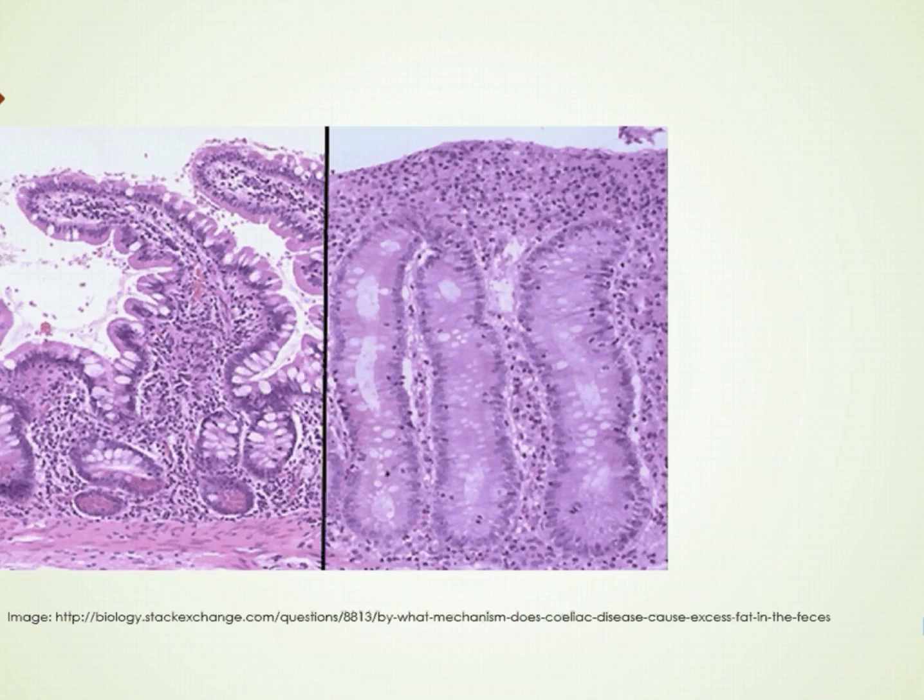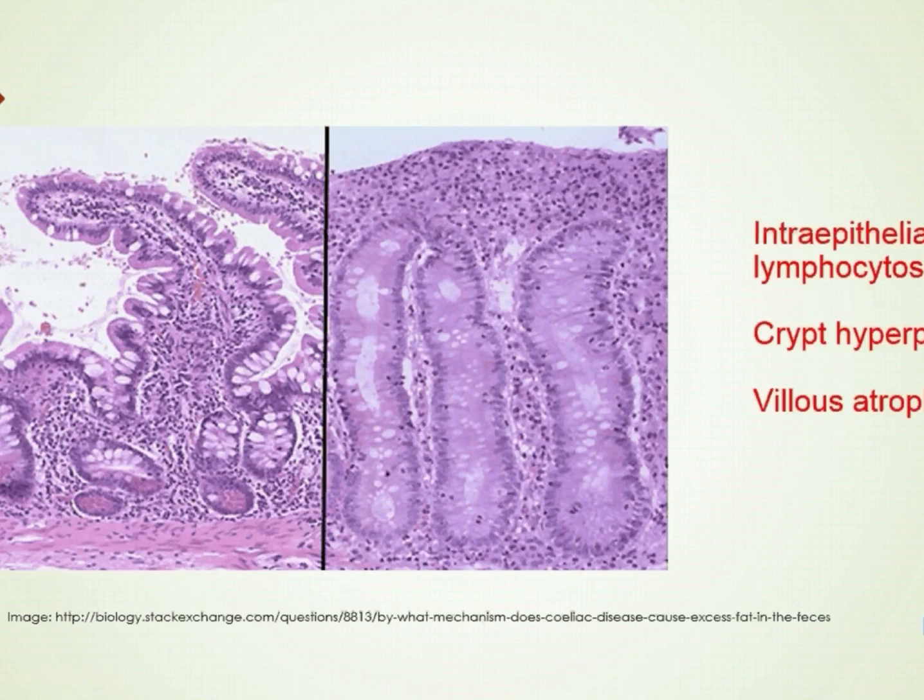So if we have a look under the microscope, on the left you see a normal healthy mucosa of a small intestine. The villi projecting out, increasing the surface area and adaptation for optimal absorption. On the right, following chronic celiac disease, you can see a number of changes.